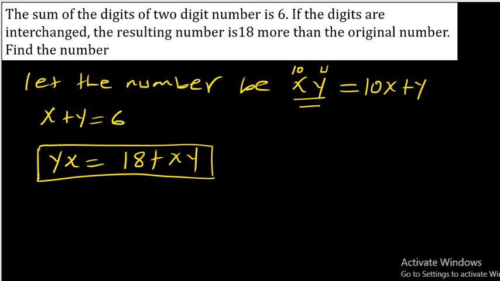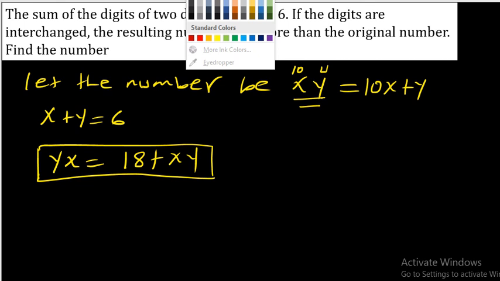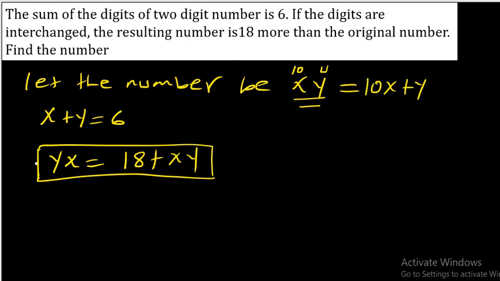But when we expand xy, we have to do the same thing for yx. So yx is the same as 10y plus x, which is equal to 18 plus xy, which is 10x plus y.